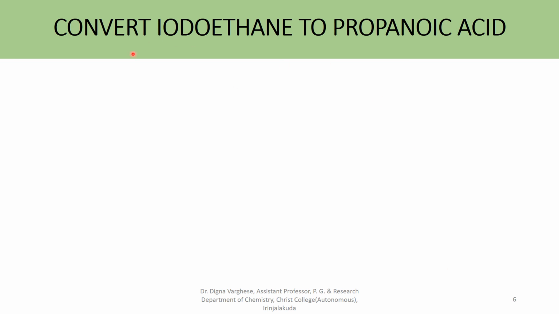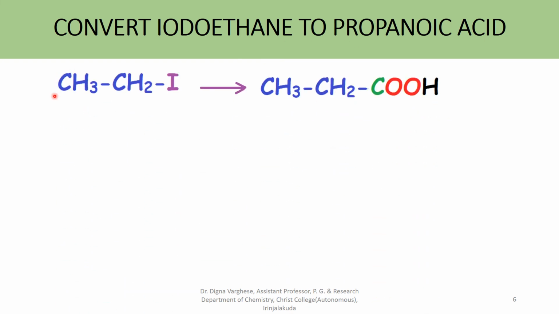Here you can see a procedure for the conversion of iodoethane to propanoic acid. That is iodoethane, the formula is CH3CH2I, which is converted into propanoic acid, CH3CH2COOH.